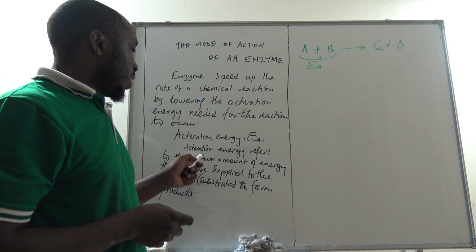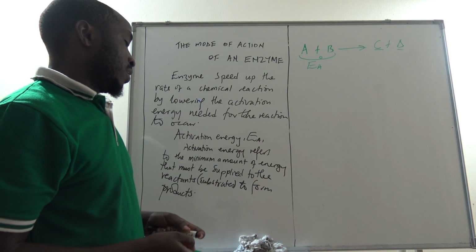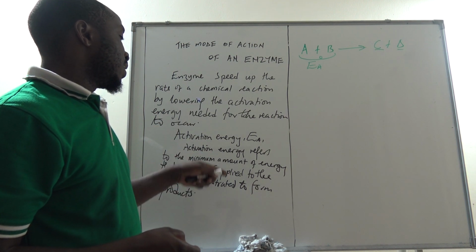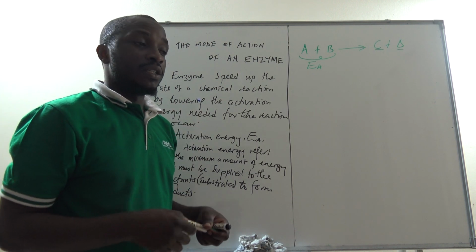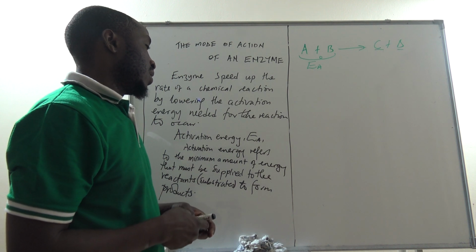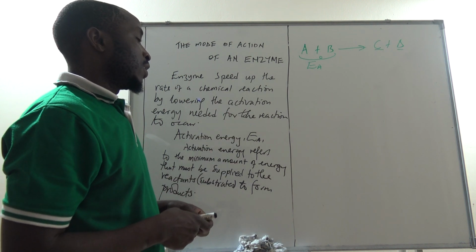Minimum means below which a chemical reaction will not take place. So for a chemical reaction to take place, there is energy we call activation energy that must be supplied such that reactants can get enough kinetic energy to form the desired products.